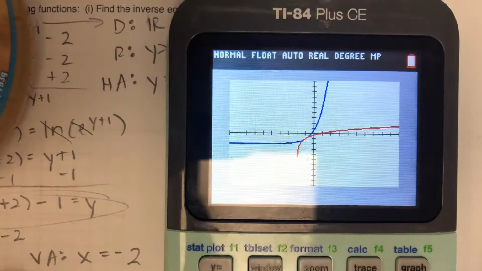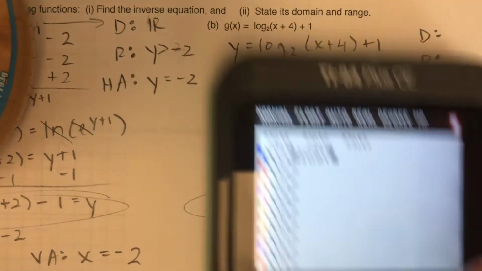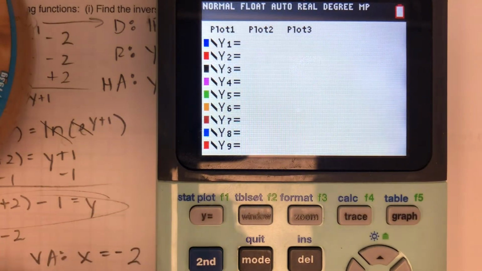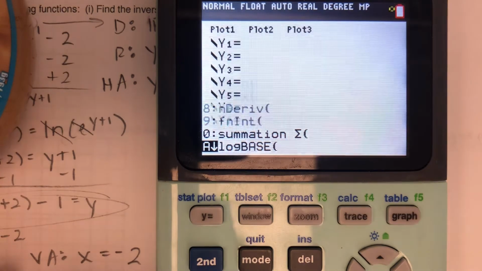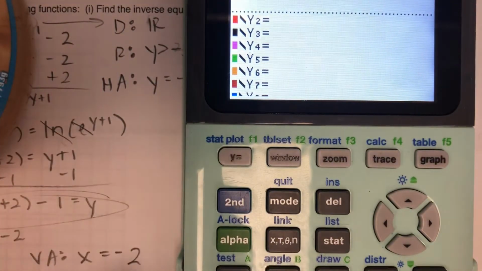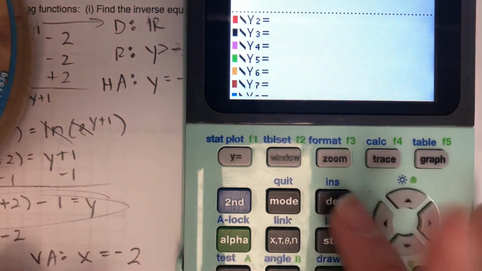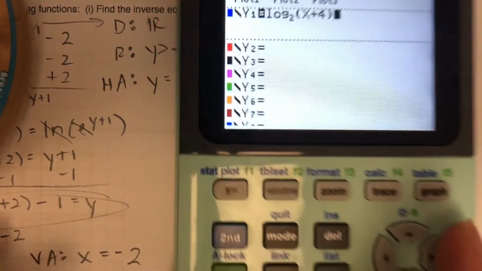So the original, we go back to y equals, that's log base 2. So I actually want to do the change of base. Log base 2 of x plus 4, plus 1.